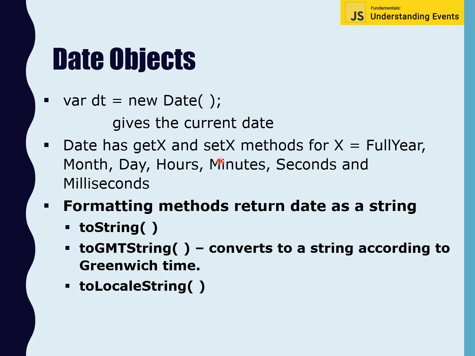Some of the methods available with date objects are toString, which converts the date object to a string. Then toGMTString converts the date to a string according to Greenwich time. Then toLocaleString converts it according to the local time. So these are some of the methods available with date objects.